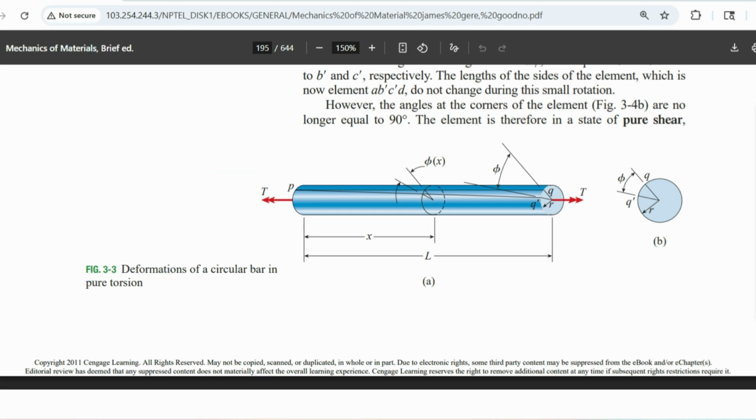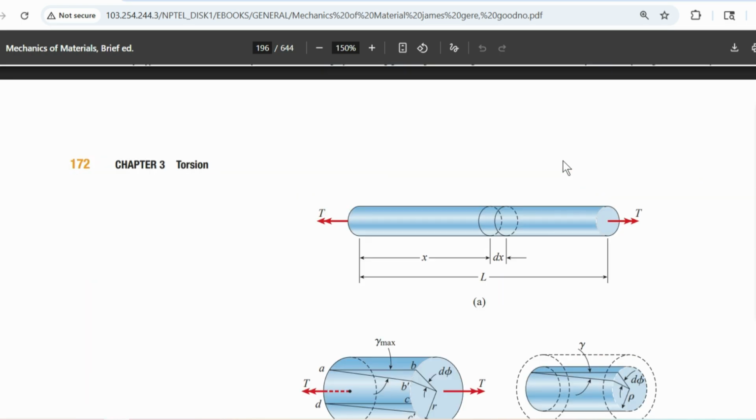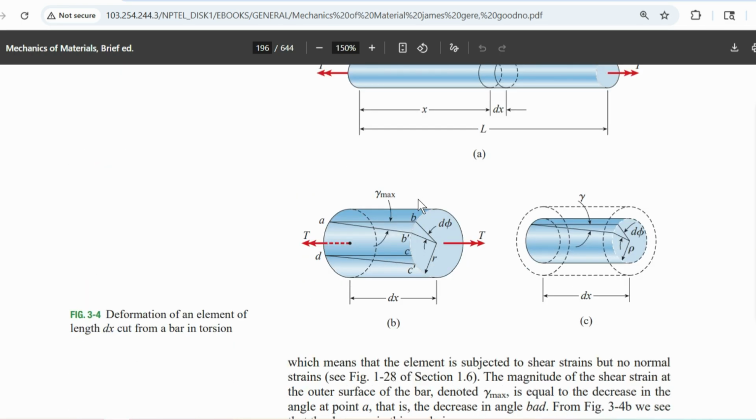But this picture: you just imagine this is that fully left face. This is one molecule over a distance of dx. And this one does have an angle formed. And that angle, instead of calling it phi of x, we're going to call it d phi.